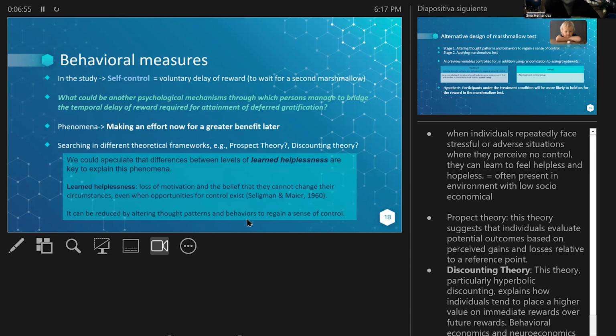This theory, I don't know if you are familiar with it, is really simple. It says that people can lose their motivation and believe they cannot change their circumstances even when opportunities for control exist. This happens to people who were enduring a lot of adversity over and over, and they were trying to change their condition, but even then they didn't make any change in reality.